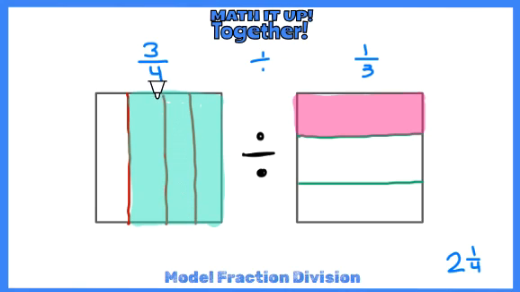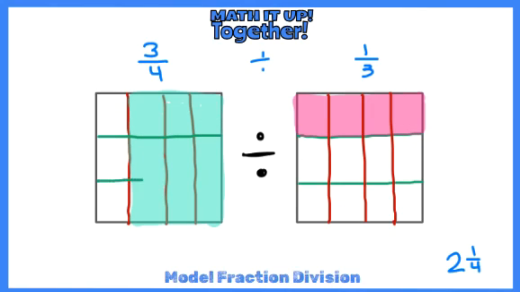So I've split this one into fourths vertically, so I'm going to split this one into fourths vertically. And I've split this one into thirds horizontally, so I'm going to split this into thirds horizontally. And now I have like-sized pieces to work with here.